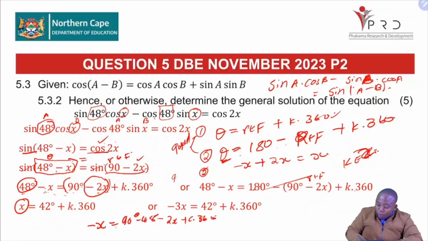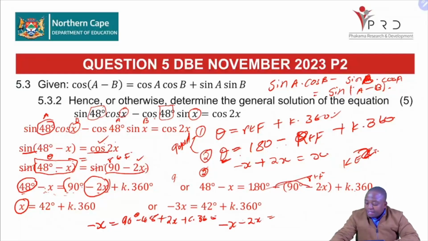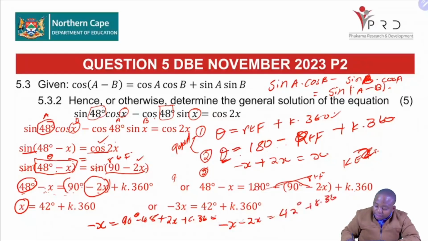Then we are going to have negative x minus 2x, because remember the negative 2x is going to give us positive 2x, is equal to 42 degrees plus k times 360.